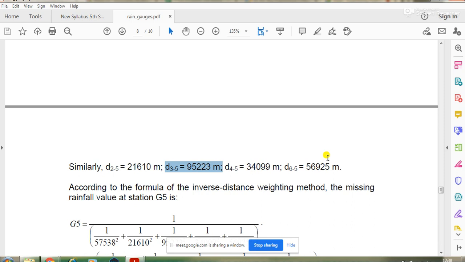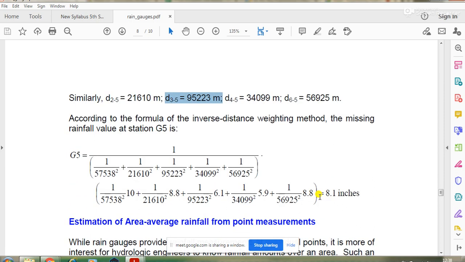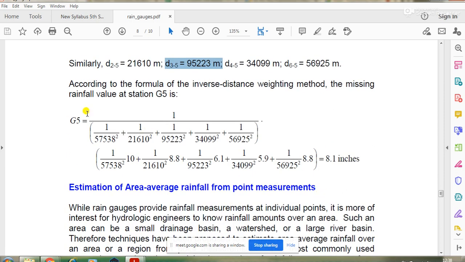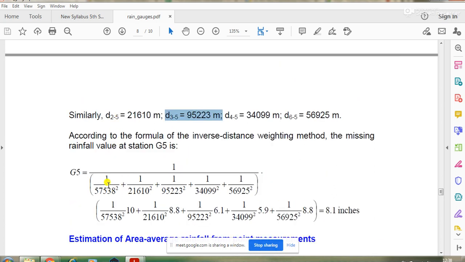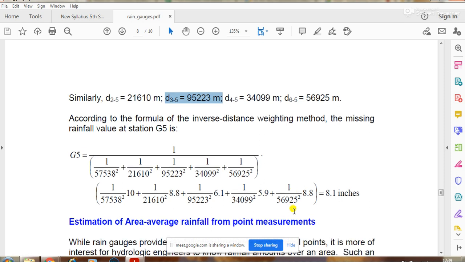Now, according to the formula in the inverse distance weighing method, we take the inverse square of all the distances, into the missing rainfall value.